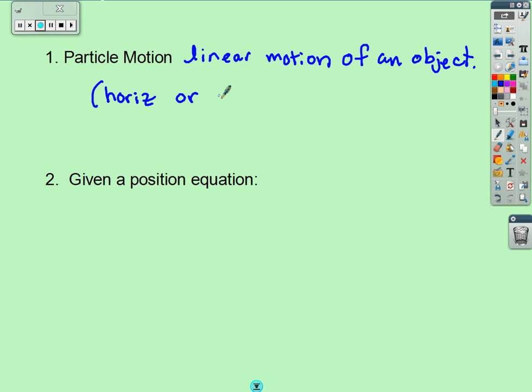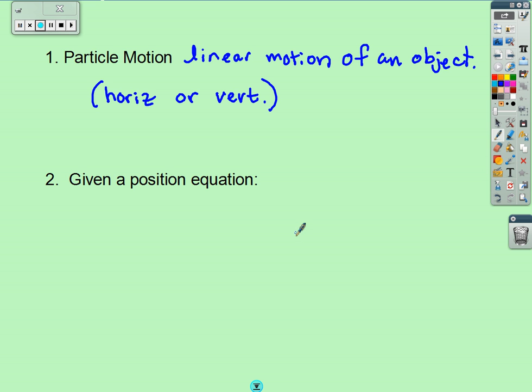Or it could be a particle, whatever particle that is, moving in the vertical direction. But it's the motion of an object in a linear direction, whether that be horizontal or vertical.